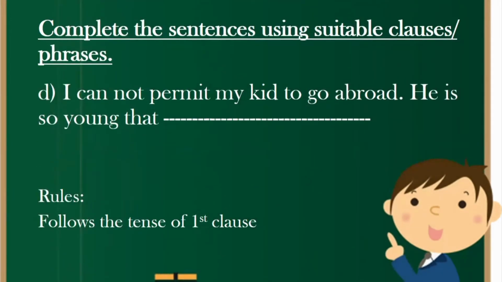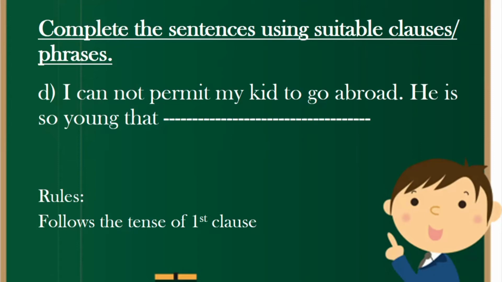Number D says, I cannot permit my kid to go abroad. From the word kid, we can understand that the boy or girl we are talking about is very young. He is so young that, when a boy or a girl is too young, they are unable to take care of themselves.